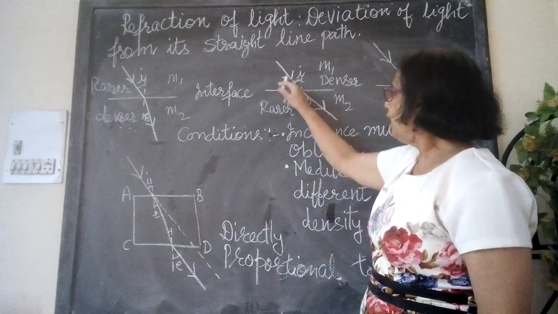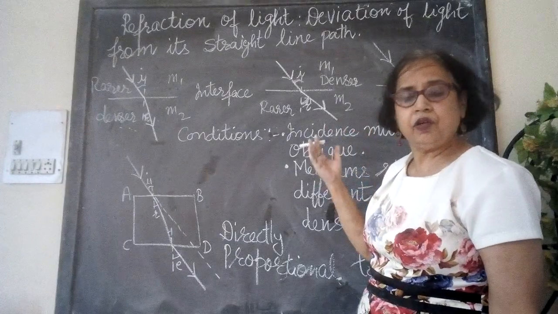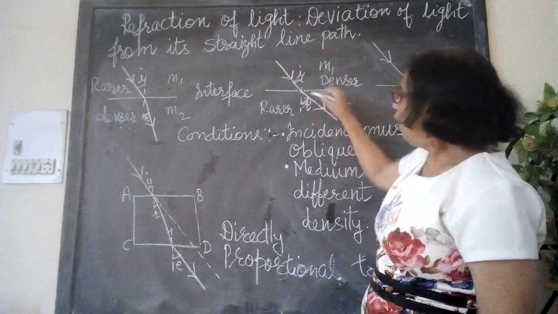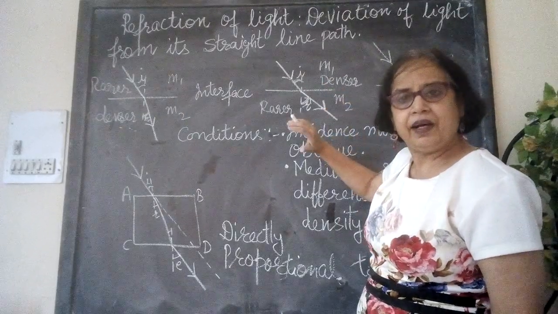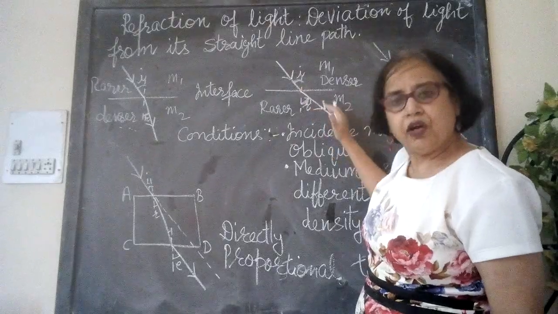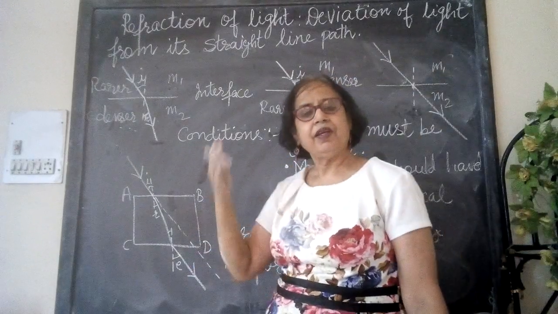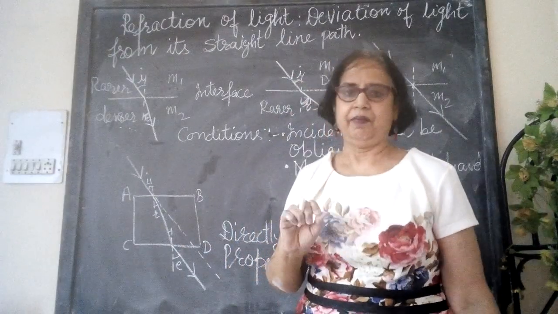Then the number of rays coming here will be less and here it will be more if they are coming with more speed. So now they follow the longer path, so they bend away from the normal. Longer path, more speed, but the number of waves on both ends of the interface remains the same.